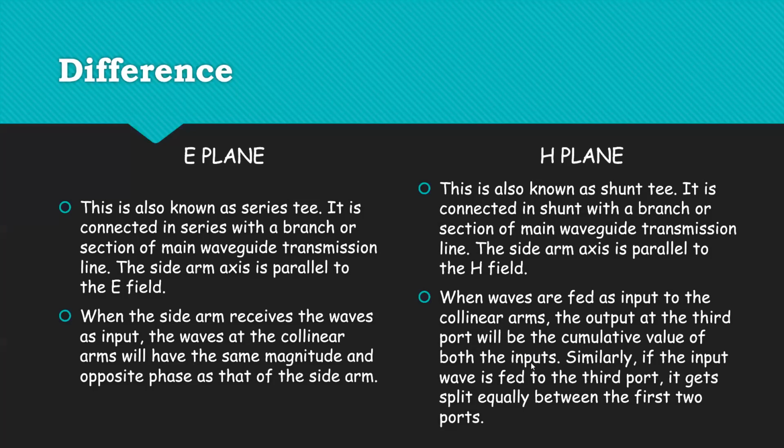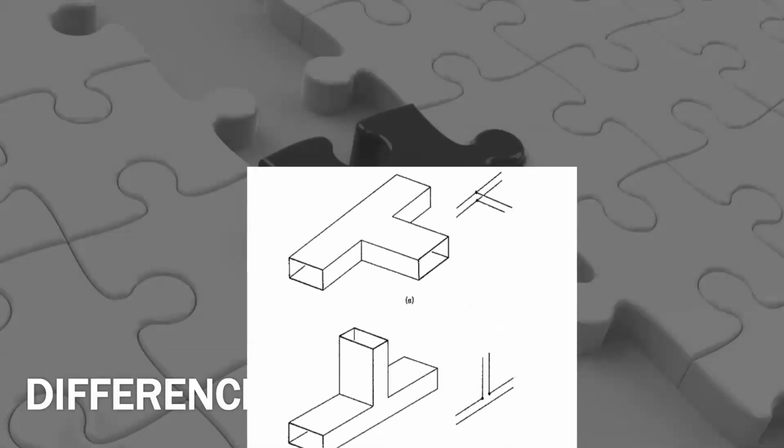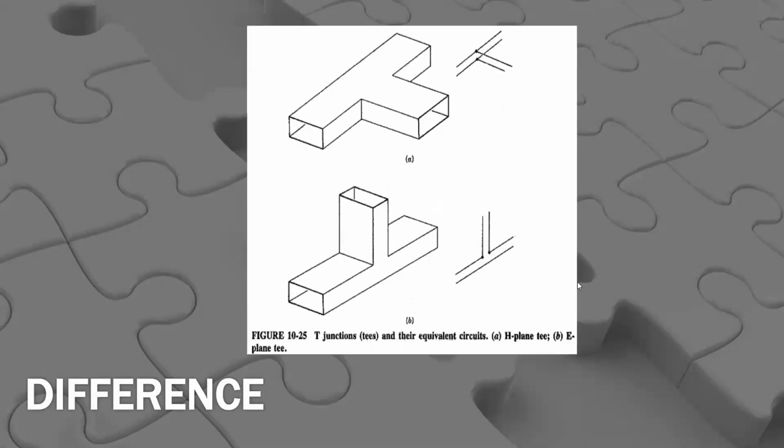Similarly, if the input wave is fed to the third port, it gets split equally between the first two ports. It doesn't matter where you are giving the input, the output will be split between the other two ports. So this is the difference shown in the picture.